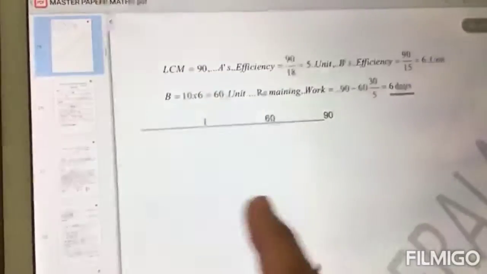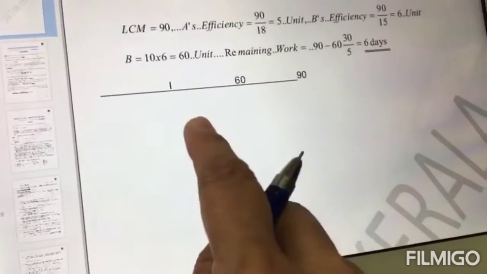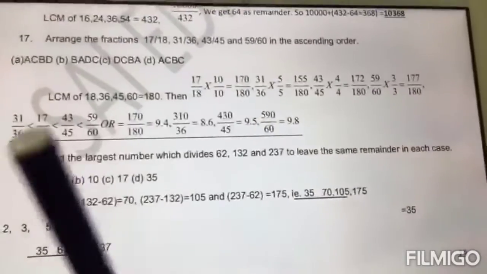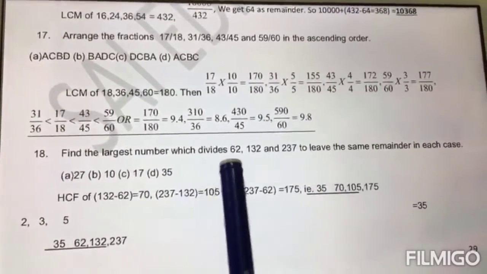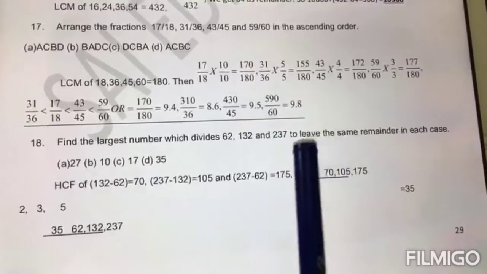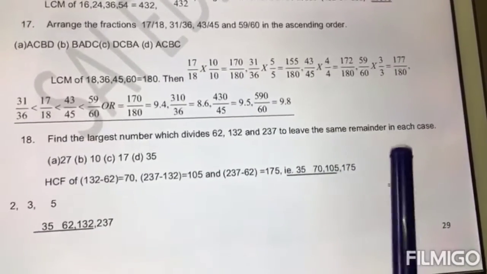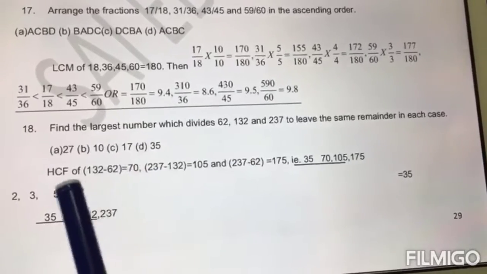Now number 18. Sorry, I have missed the page. Right. So number 18. Find the largest number which divides 62, 132 and 237 to leave the same remainder in each case. So here we have to find the HCF.